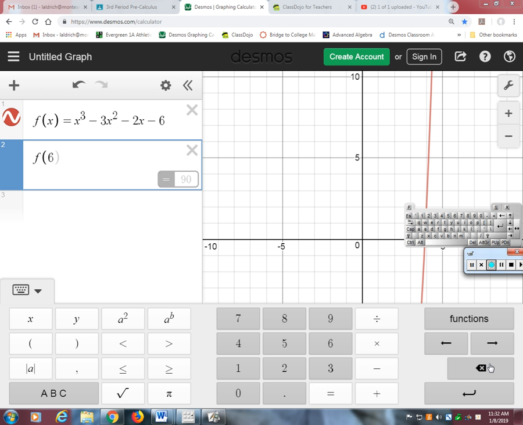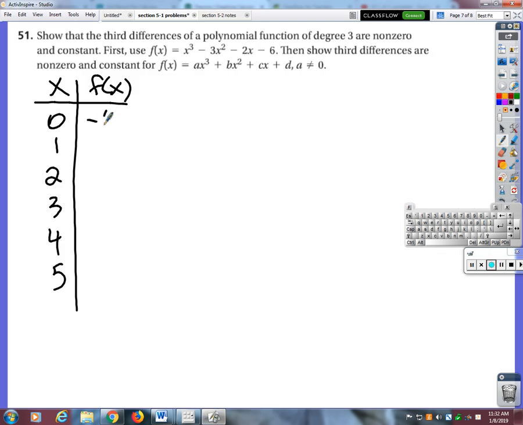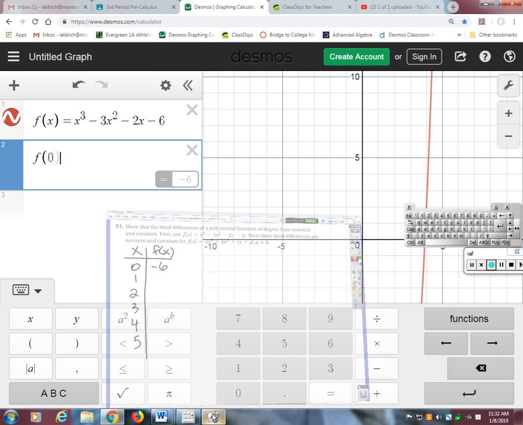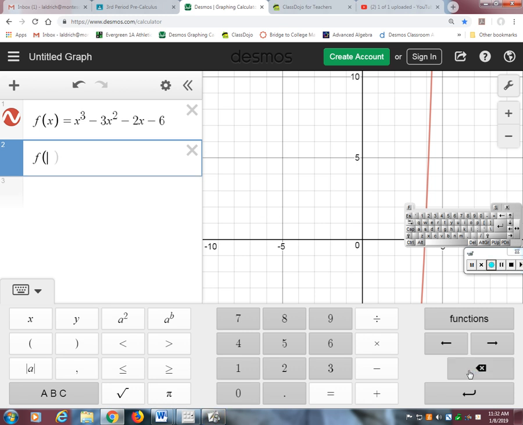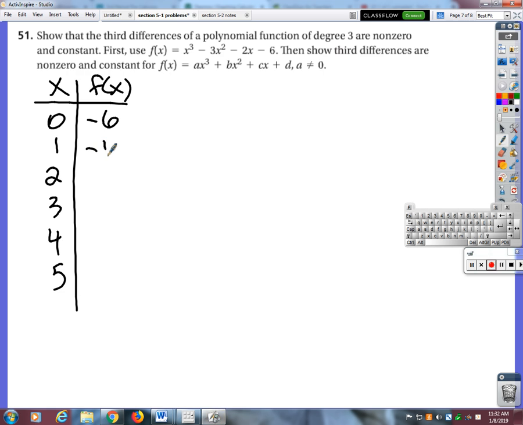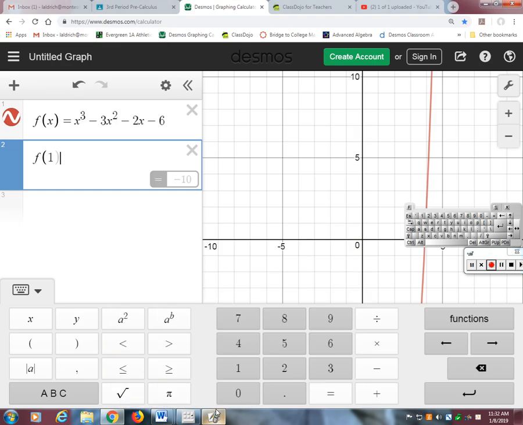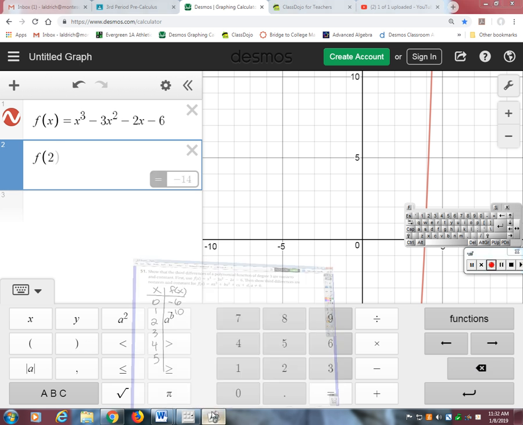I have that function typed into Desmos already from my first period class. So what was the first number that we wanted? We wanted to plug in 0. Okay, so if I plug in 0, then I get -6. So I'm going to write that right here. Then if I plug in 1, I get -10. And then if I plug in 2, I get -14.